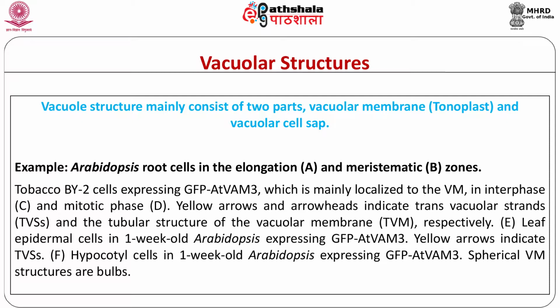In E, leaf epidermal cells in 1 week old Arabidopsis expressing GFP-AtVAM3; the yellow arrow indicates a TVS structure. In F, hypocotyl cells in 1 week old Arabidopsis expressing GFP-AtVAM3 show spherical VM structures, that are bulbs.